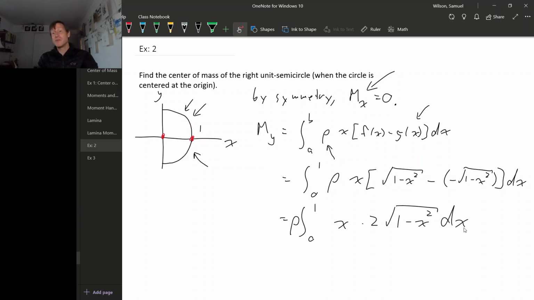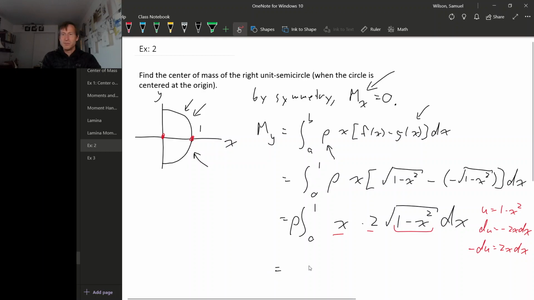And now we need to evaluate this integral. Fortunately, the stuff inside of this square root, this is prime u substitution territory. If we let u be 1 minus x squared, du is minus 2x dx. And we have an x and a 2, so we can move this minus sign to the other side. So minus du is 2x dx.